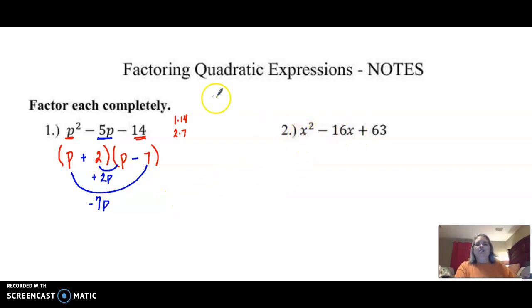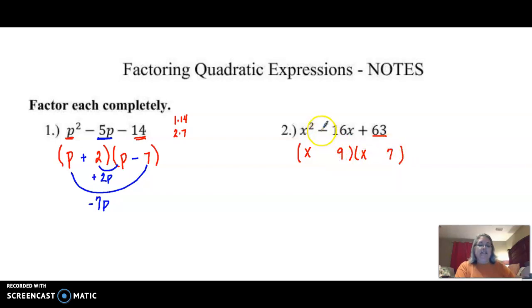Okay? Here's another fairly simple one. No leading coefficient. We like those because we know our first terms are going to be x and x. And then I'm looking for factors of 63. Well, to be 16, the factors of 63 will be 9 and 7.